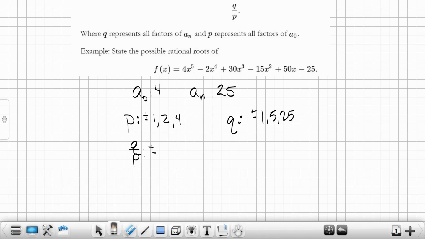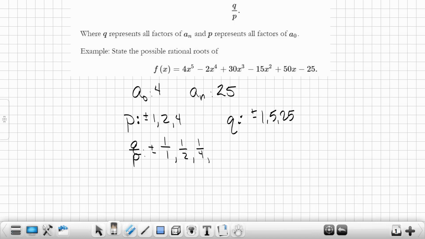So pick a Q. 1. We just pick the first. We just go in order. If you want to pick the middle one, that's fine, but we want to keep an order going. Okay? So 1 over 1, 1 over 2, 1 over 4, because it's the Q's over the P's.